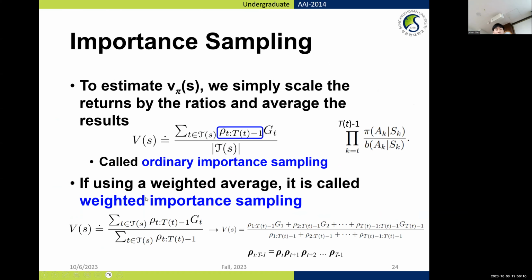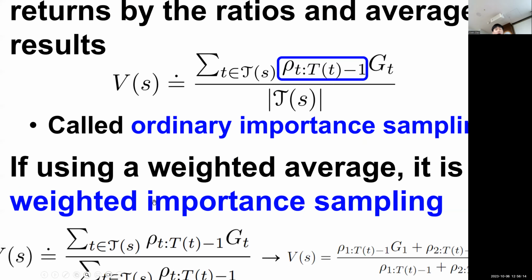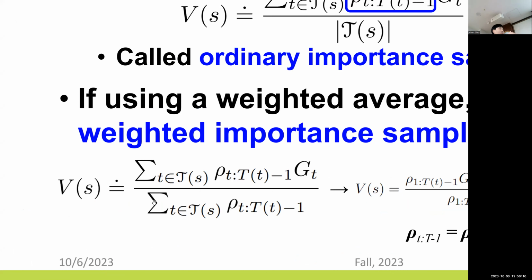The pi and B ratio is a product of a series of ratios. We can also give the weight. Based on the scales, the importance sampling ratio, the summation value, we can put the weighted value for each GT.